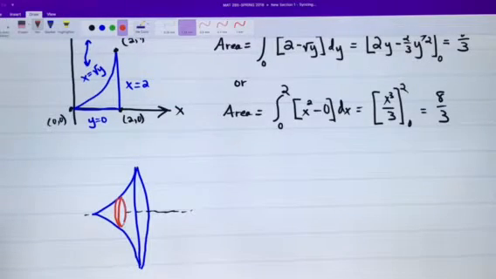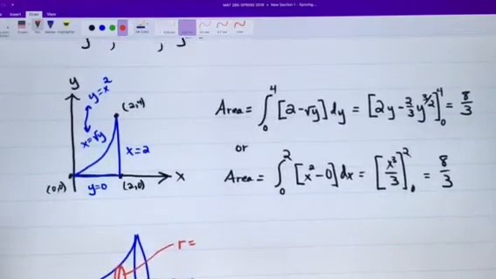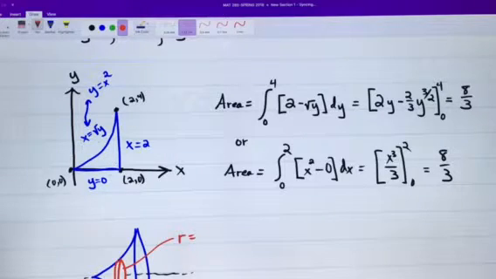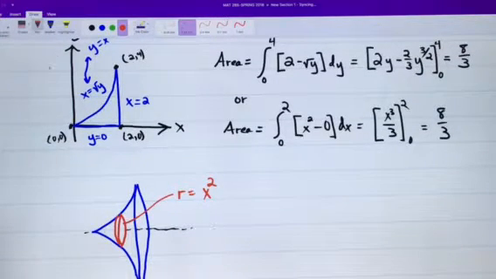In the case of the method of disks, the radius is going to be the height. So again, we have x squared above 0. That was the height, and that's going to be the radius, putting it in the context of working with disks.